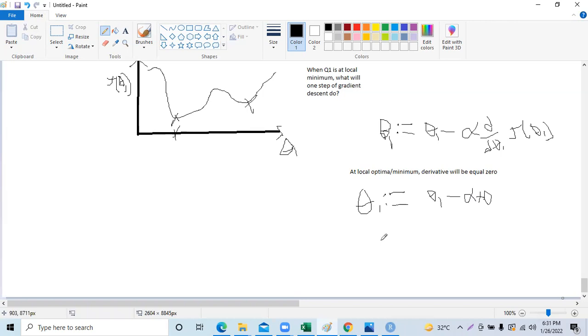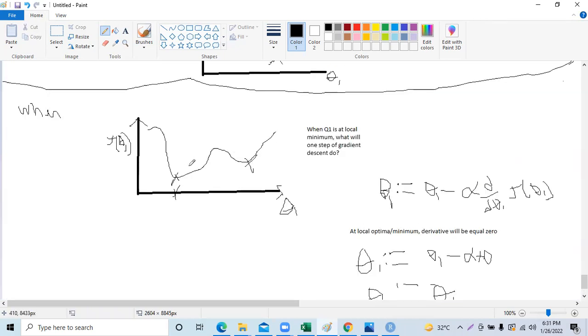So our theta 1 will equal theta 1 minus 0, so theta 1 will be equal to theta 1. So when we get to our local or global minimum, gradient descent will result in nothing. So the answer is nothing.